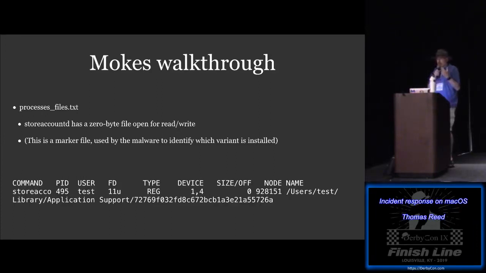Now, in reality, because we know about MOKS, we know that what that file actually is, is a marker, and it indicates which variant of MOKS is installed on the system. There are a whole bunch of different name variants. So store account D in an App Store folder is one of them.